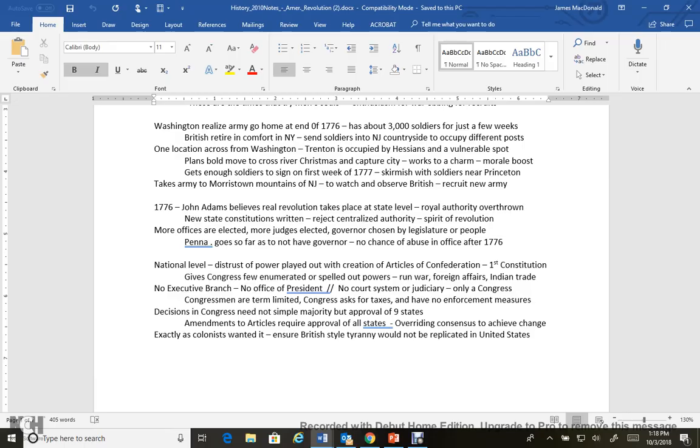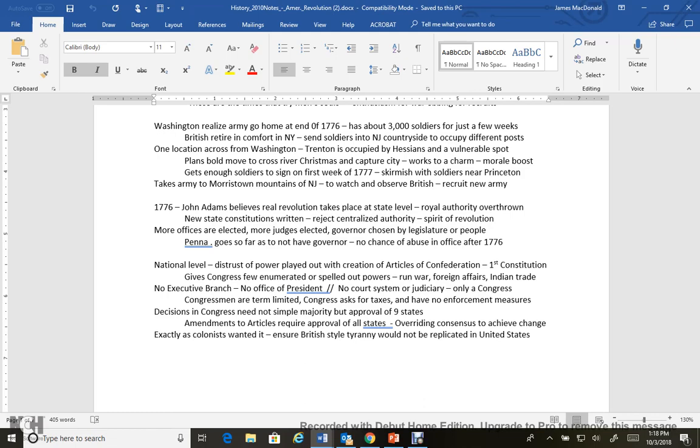at a local level. Adams said that when you overthrow royal authority, first the Congress did it by breaking from Great Britain, declaring themselves independent. The other thing that happened is that these states, remember, used to be colonies, the colony of New York, the colony of Massachusetts.